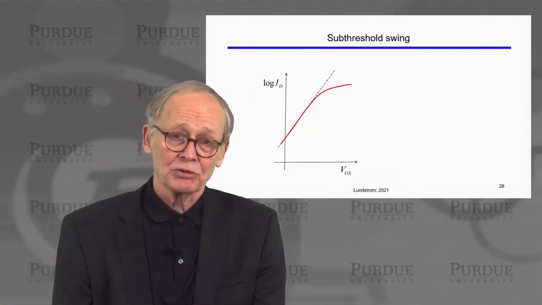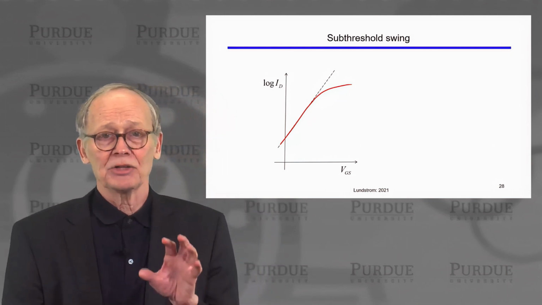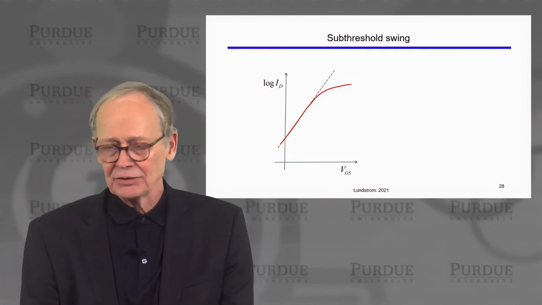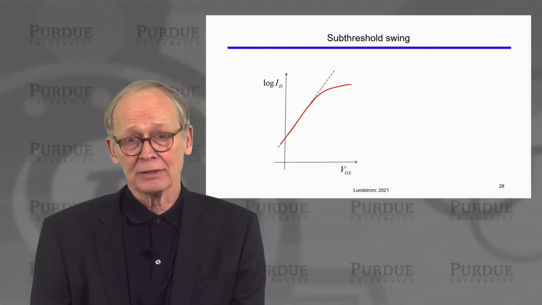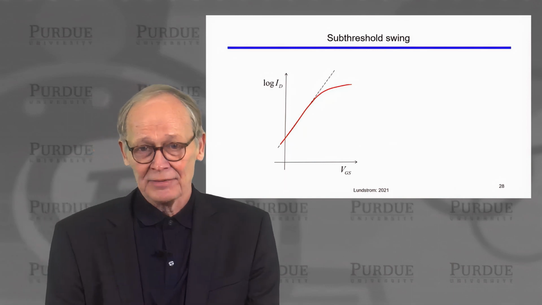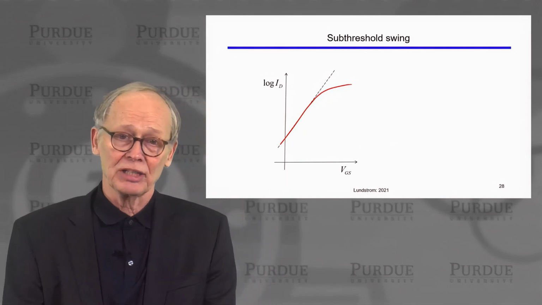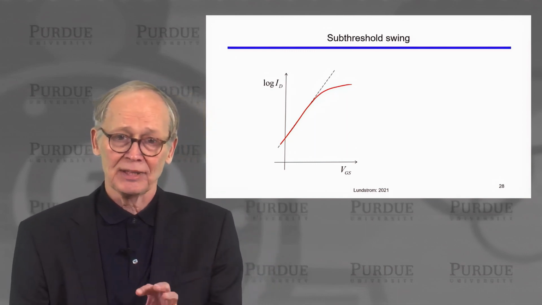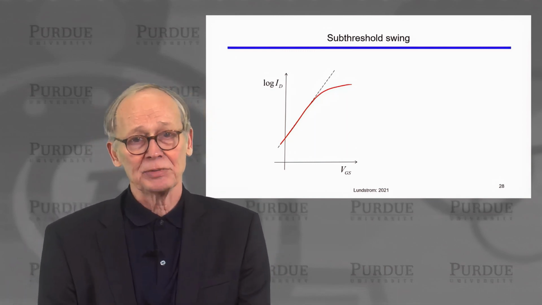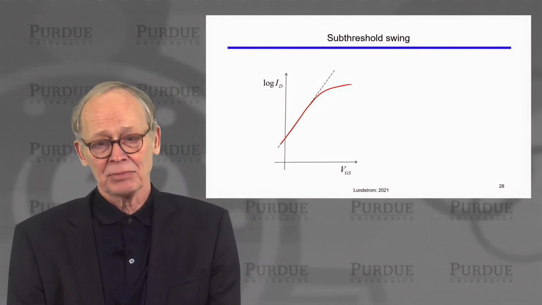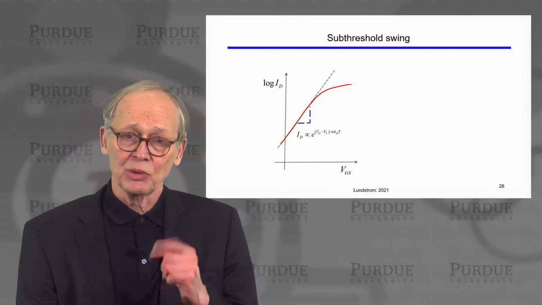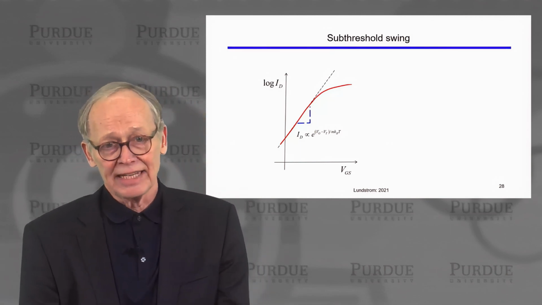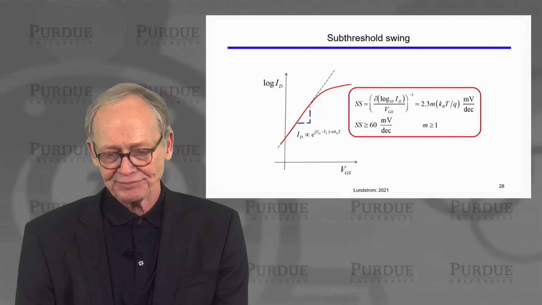Now, in this unit, we learned how to express the mobile charge as a function of gate to source voltage both below and above threshold. That means that we can compute the current both below and above threshold. Since current is charge times velocity, we know that the charge varies exponentially with Vg minus Vt below threshold. We know that the current will as well. And we have an expression for the current as a function of gate voltage below threshold now.